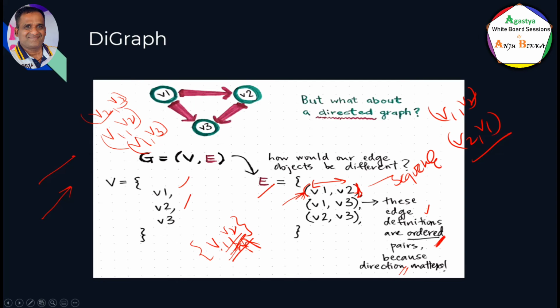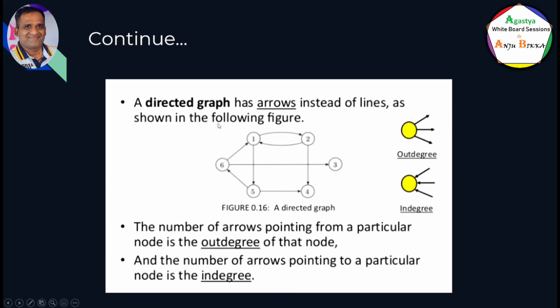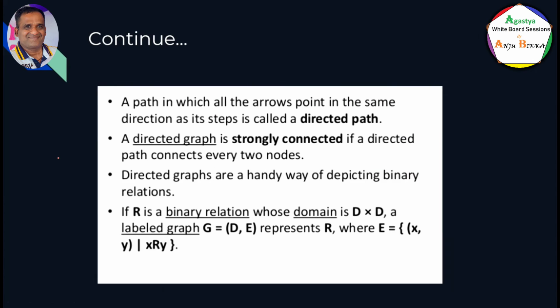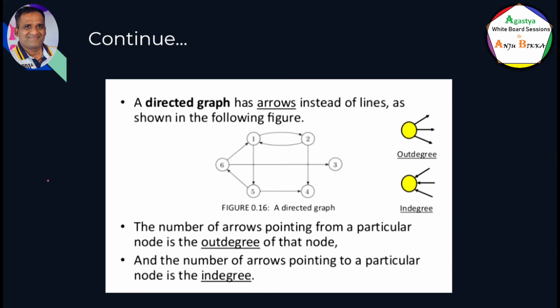In the case of an undirected graph we use the set notation, and we represented a degree. When we say degree here, in an undirected graph, it is how many edges it is connected to, which is 2. But in the case of directed graphs, we have two types of degrees, out degree and in degree.